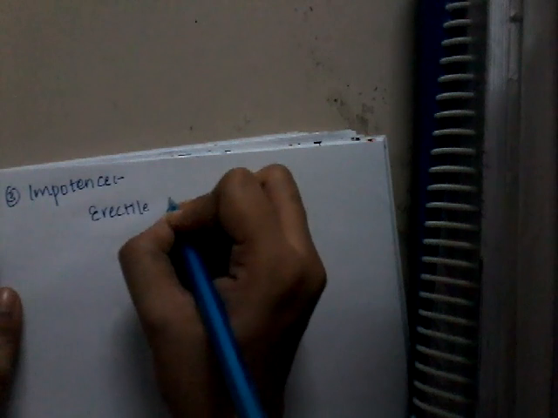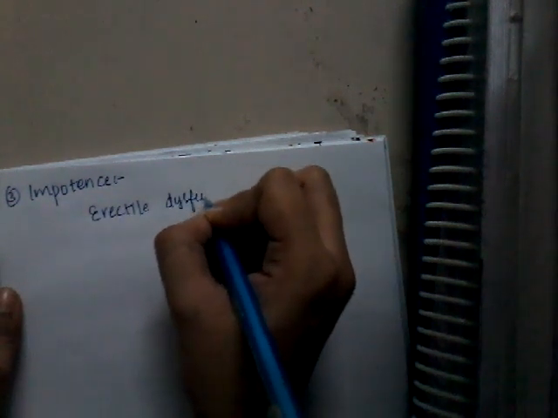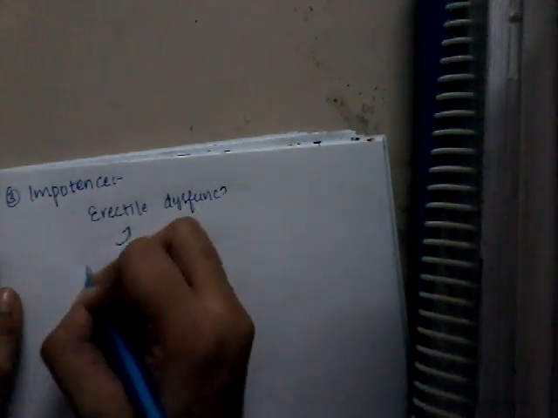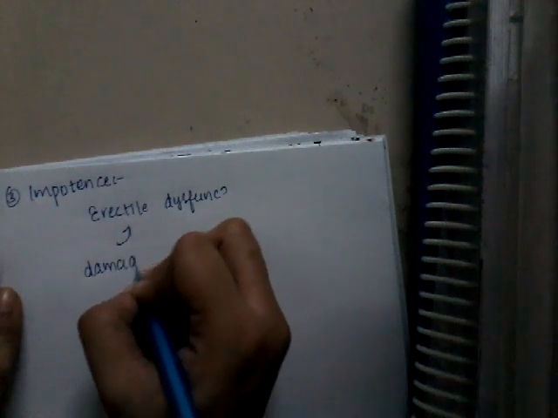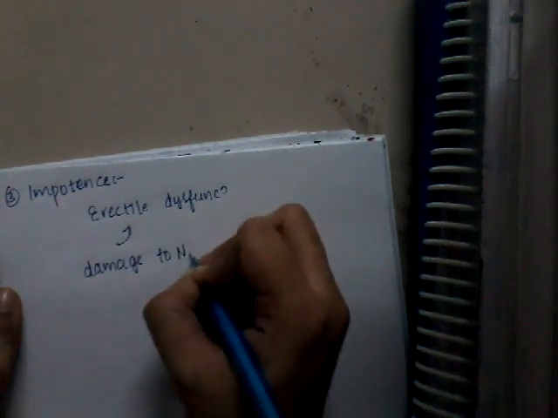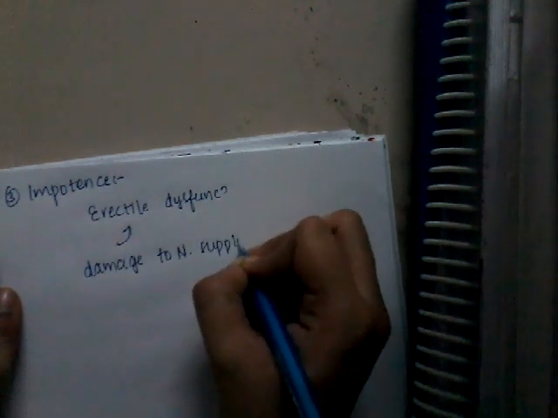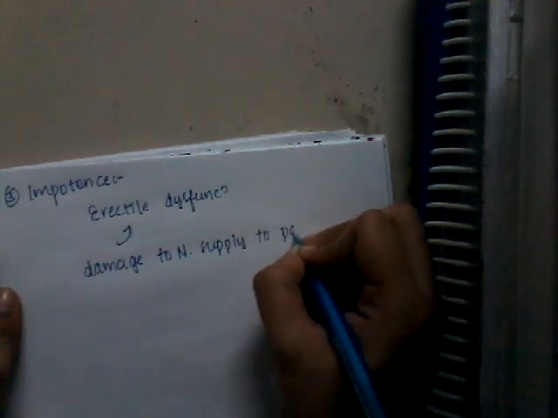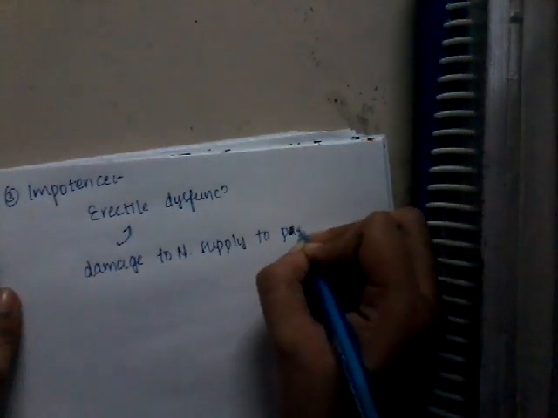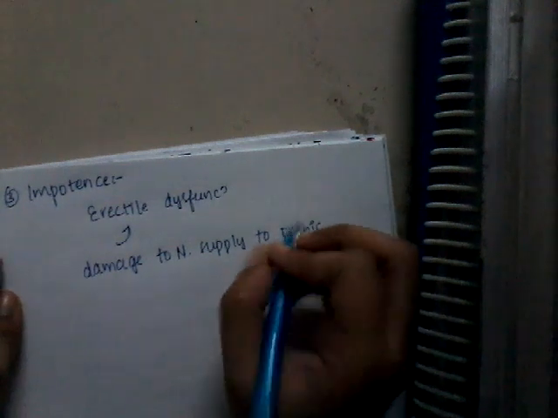And the third one is impotence. This is because of erectile dysfunction, due to the damage of nerves of the penis.